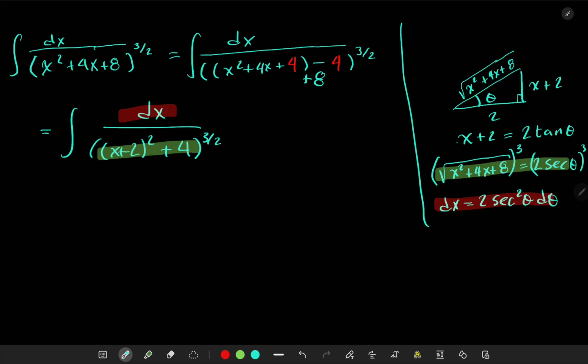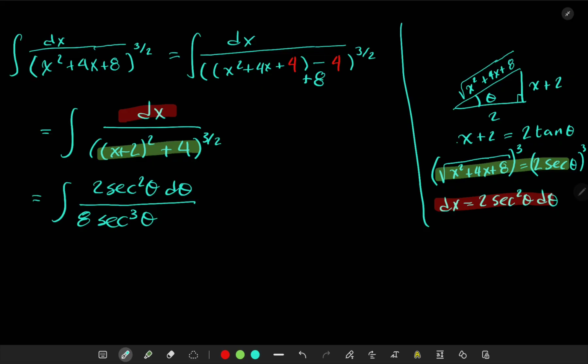So what I have here is really the cube of this, 2 times the secant. So this becomes 2 secant squared. That's my dx. And now for the green one, I'm going to put a cube there. So it's going to be 8, that's the 2 cubed, and then secant cubed.